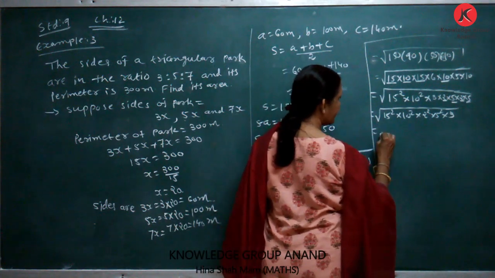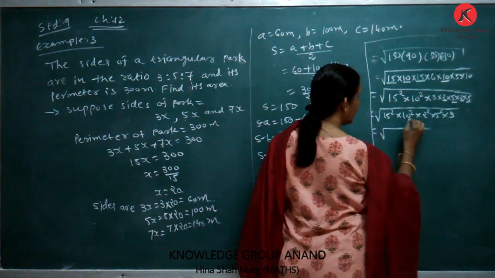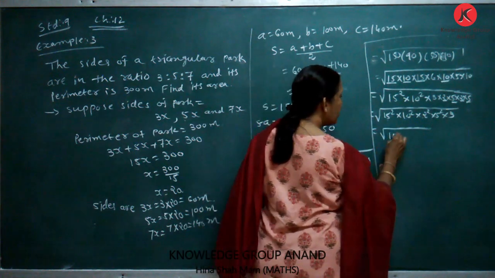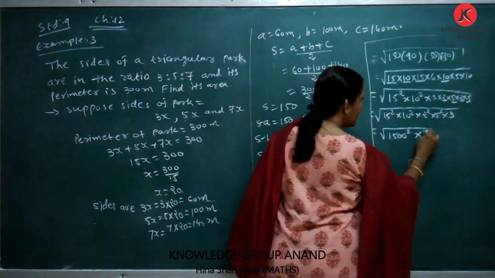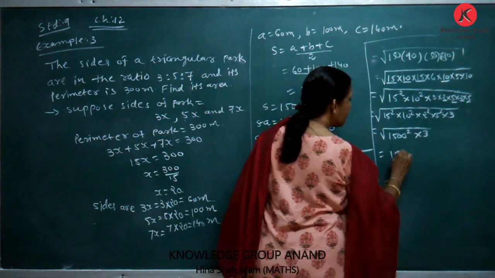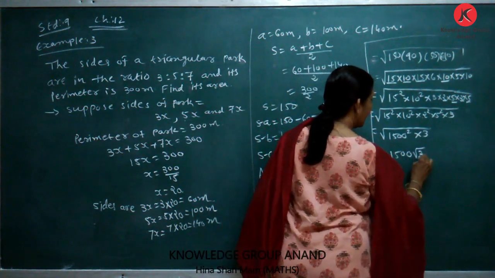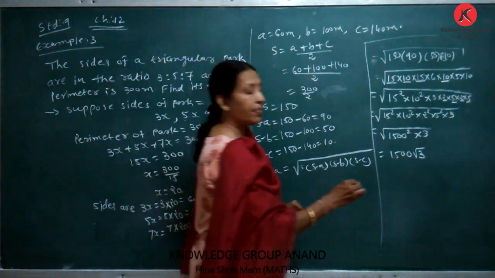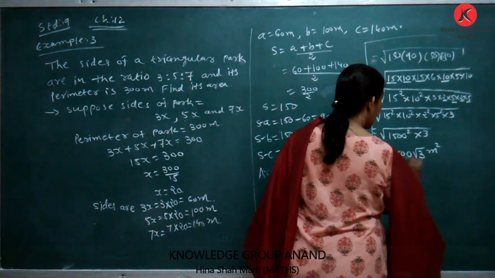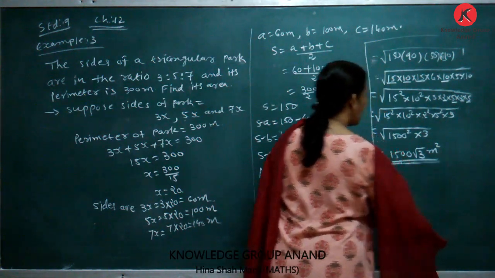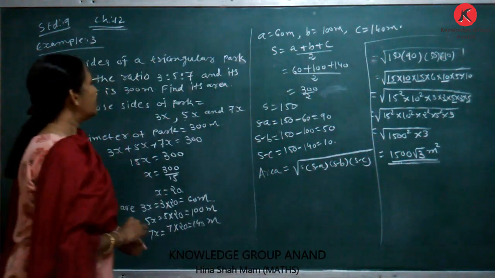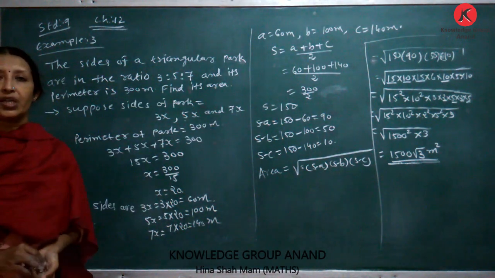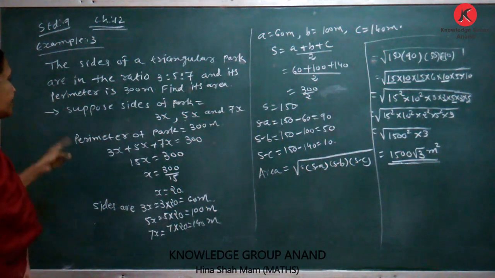It is the square of which number? 5 2s are 10, 10 10s are 100, 100 15s are 1500 square into 3 is equal to 1500 root 3. Unit is in meter, therefore meter square. Area of the park is equal to 1500 root 3 meter square.